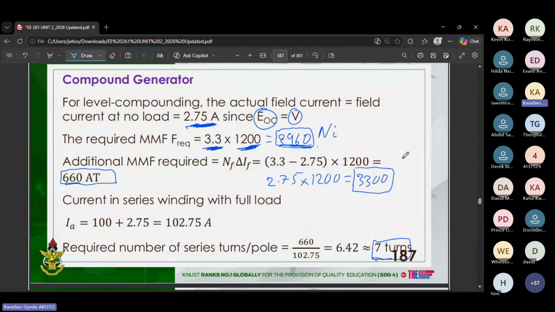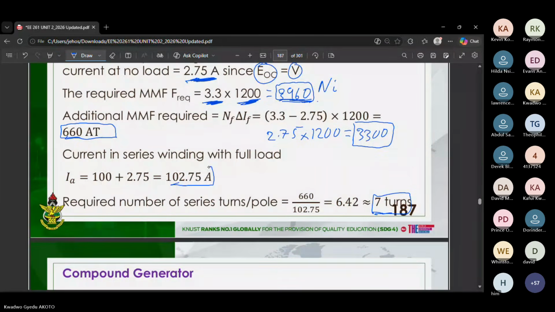So that's what we have here. And then we still know that MMF is equal to NI. So now we know the I being produced in our series field, and we also know the MMF being produced by our series field. So from there, we can get the number of turns of our series field, and that's going to be the MMF of our series field divided by our series field current, which is going to give us 7 turns.